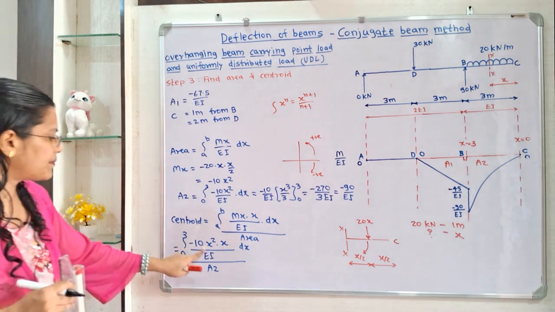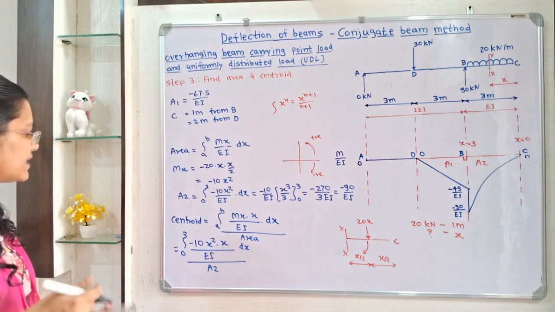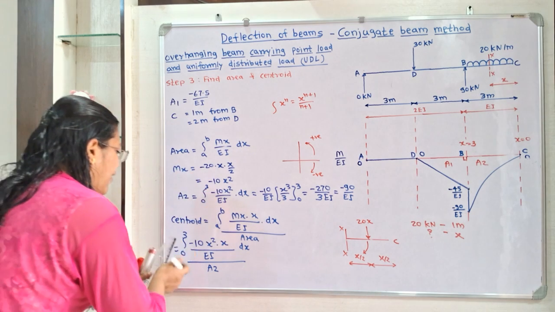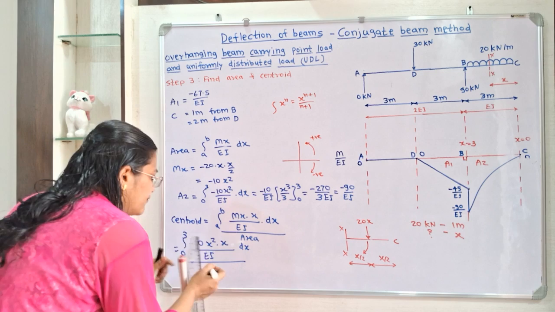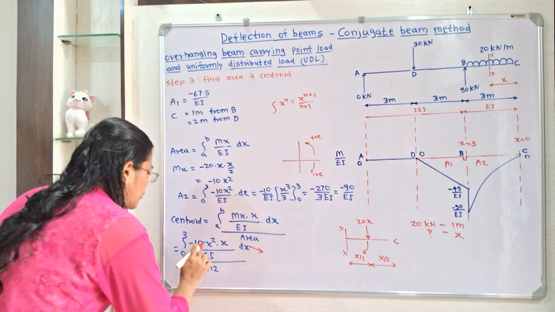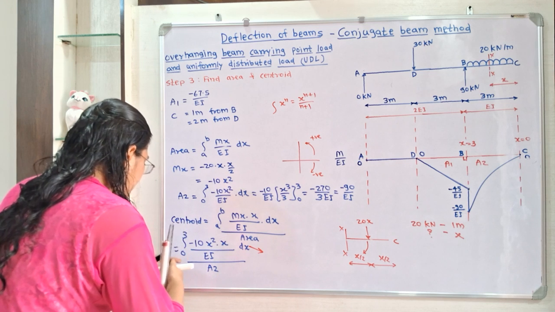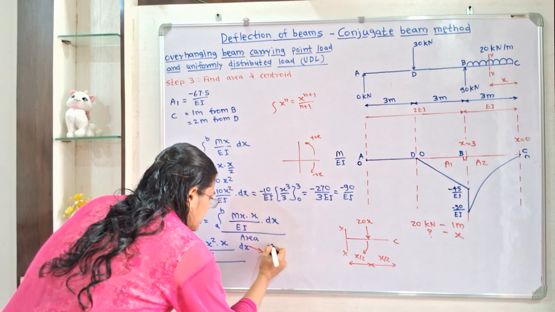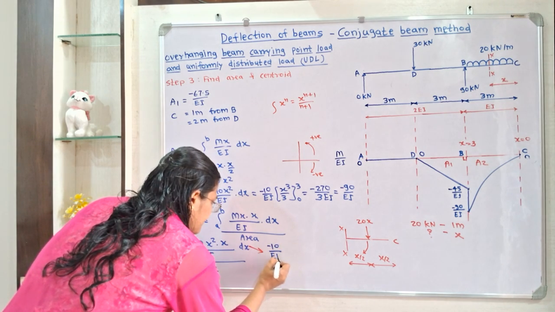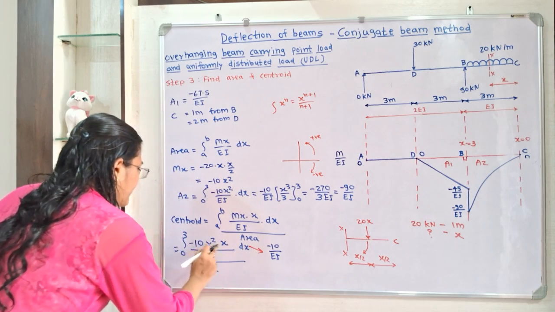Minus 10 by EI I will take outside the integration. So we first solve this numerator only. Minus 10 by EI we take outside the bracket because it is a constant. Then integration of x cube.